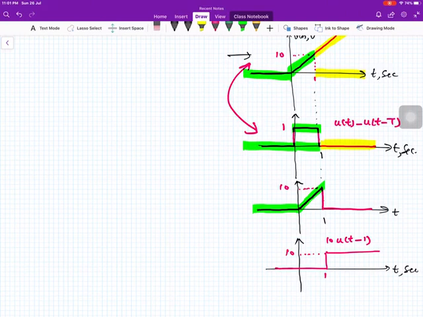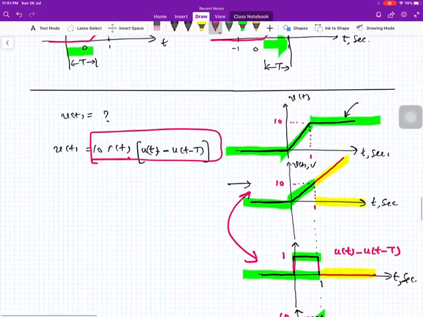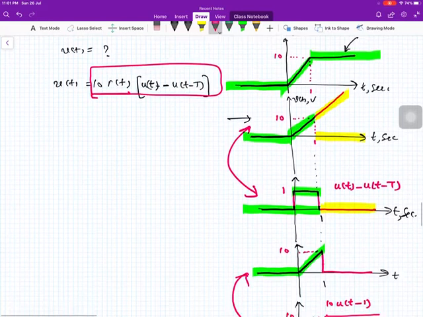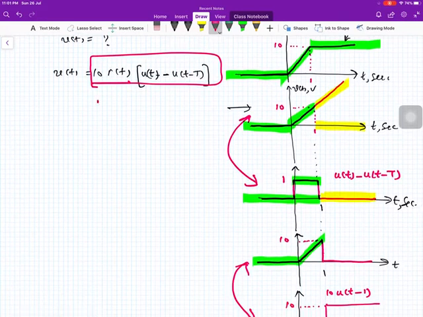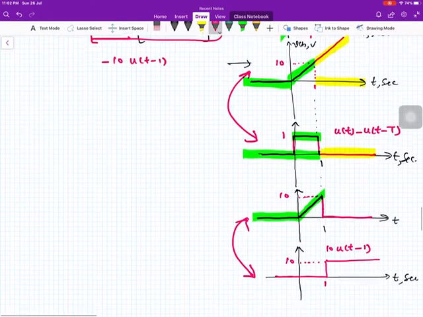Now, add these two. What I am saying, initially we have this, and now what we are doing? We are adding, this is 10, we are subtracting, we are then subtracting minus 10 u(t minus 1).